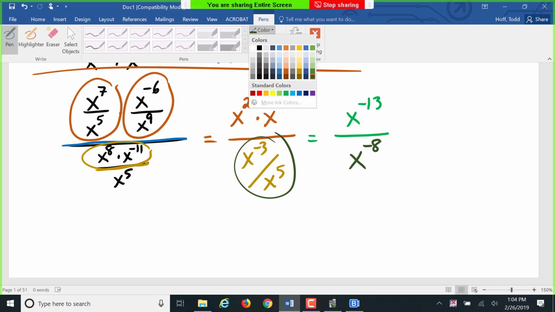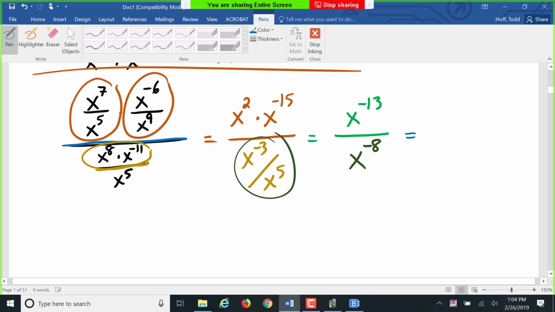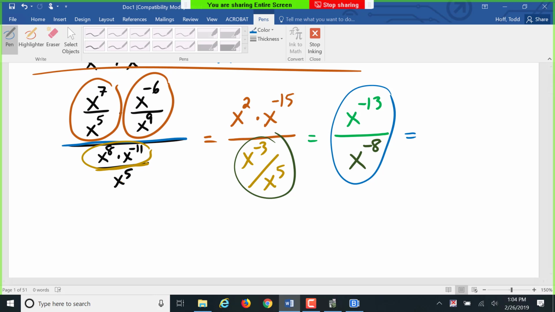X to the negative 8th, good. And finally, x to the negative 13th divided by x to the negative 8. X to the negative 5. Perfect. Negative 13 minus the negative 8 becomes negative 13 plus 8.